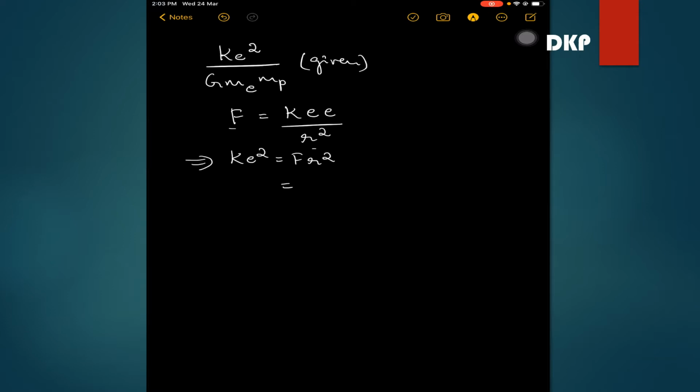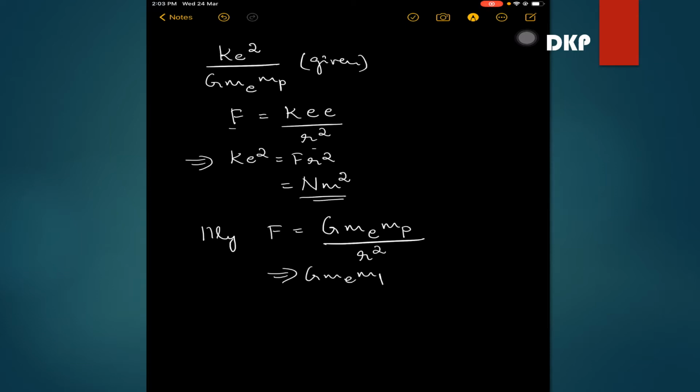The unit of force is Newton and the unit of R square, distance square, is meter square. Similarly, the gravitational force between two masses, that is F, is equal to G into ME MP, that is mass of electron into mass of proton divided by the distance square, which implies Gmemp is equal to F into R square, which is equal to Newton meter square.